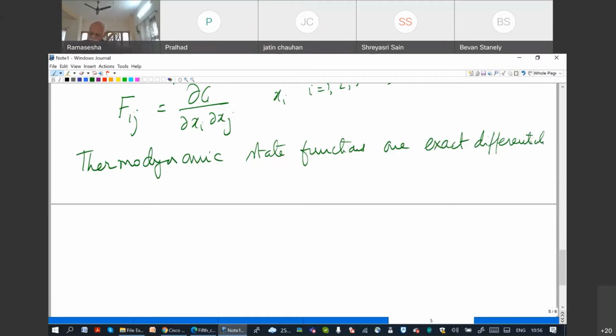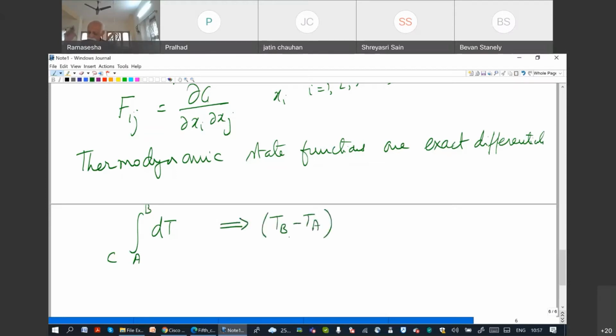That means if I take a thermodynamic variable like temperature, in the space of, for example, pressure, temperature, volume, and I integrate from point A to point B, then what I will get is Tb minus Ta, the difference in temperature at the 2 points. And it does not depend upon the path you have taken to find the difference in temperature.